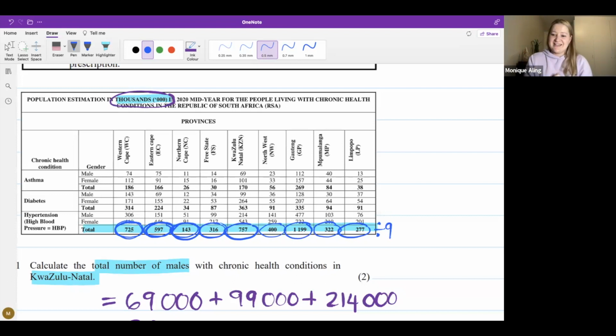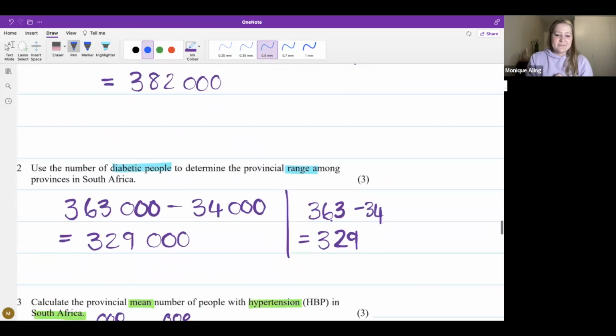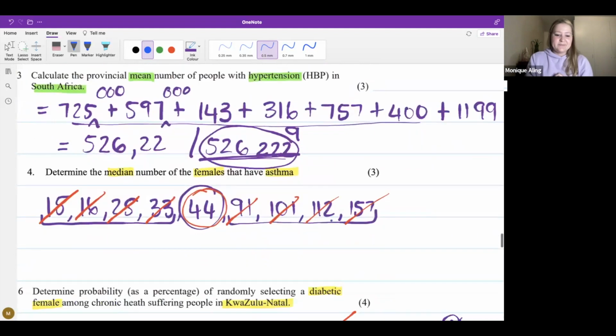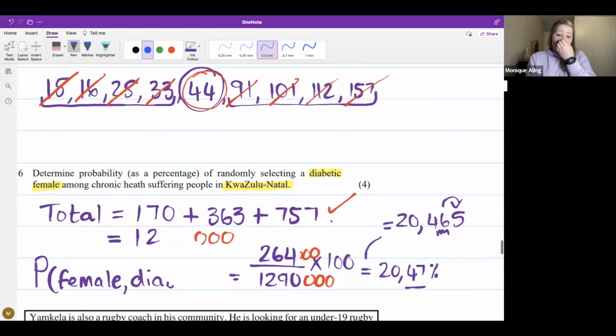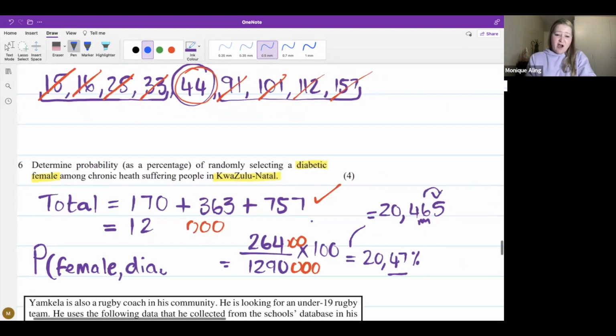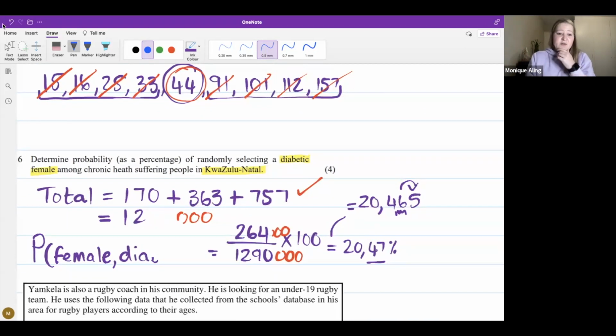Yes, and also the probability question. Okay, so this one was a little bit confusing because of how it was worded. Determine the probability of randomly selecting a diabetic female.